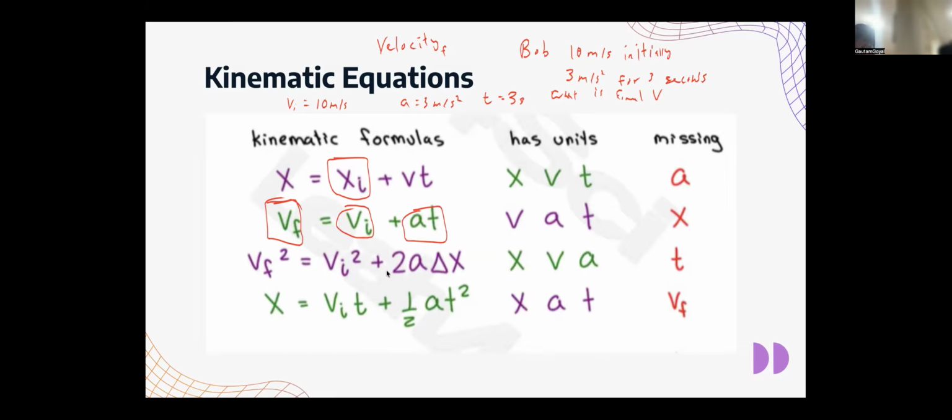And here, x is clearly missing. We do not use x in this equation. We use the velocity, acceleration, and time. Those are the three things that are needed. Do you guys have any questions on the second one?